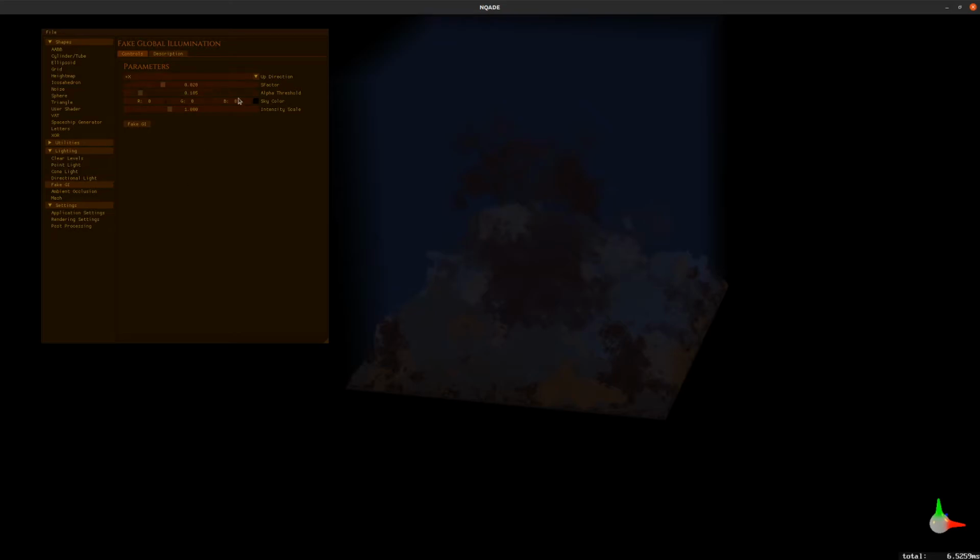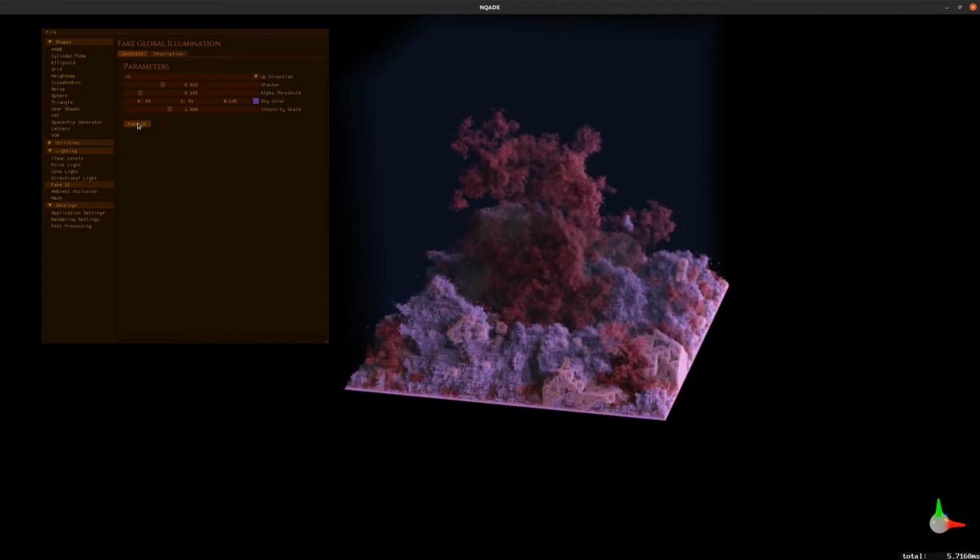If they leave the volume, they take this sky color. And if they hit something that is above the alpha threshold, they take quantity S factor times the light value that's held in the thing that they hit. So a little hard to think about, but it ends up looking pretty cool.